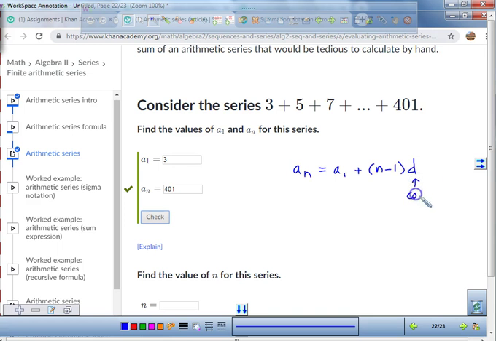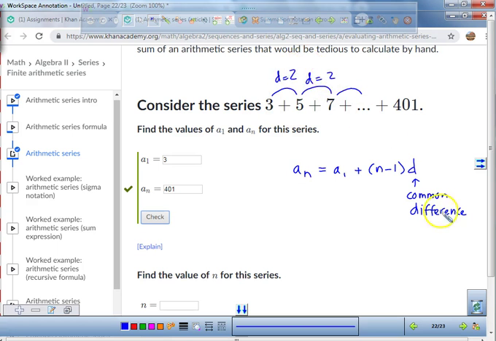D represents what's called the common difference, which means whatever the number is going up by or whatever the number is going down by. So let's think about this. What does it look like our D value is going to be equal to in our sequence? What's the common difference between our steps?